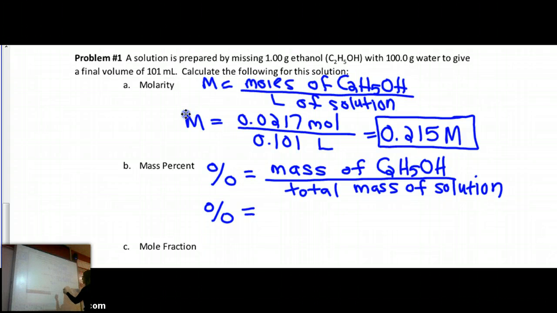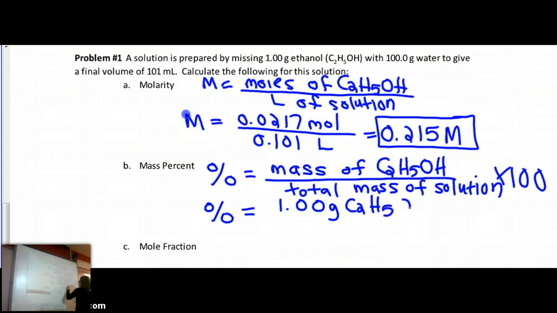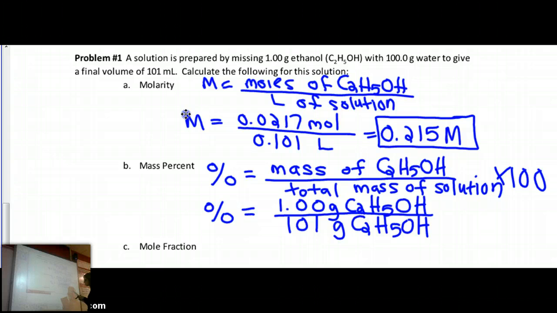To get our percent, and of course we do have to multiply by 100, we'll just go ahead and put our 1 gram of ethanol over the 101 grams of solution, the total, 1 plus 100 there, times 100. And we end up with a mass percent of 0.990% ethanol.